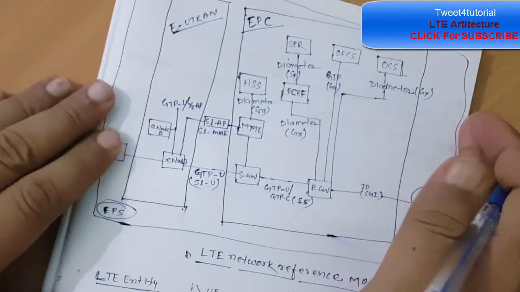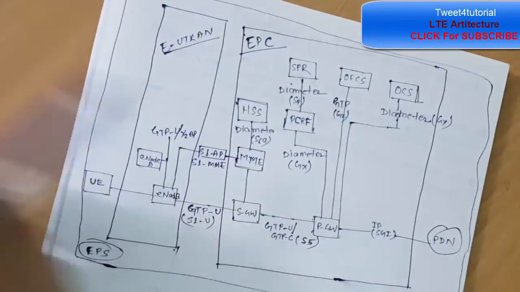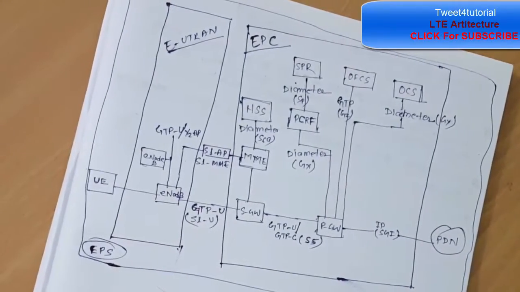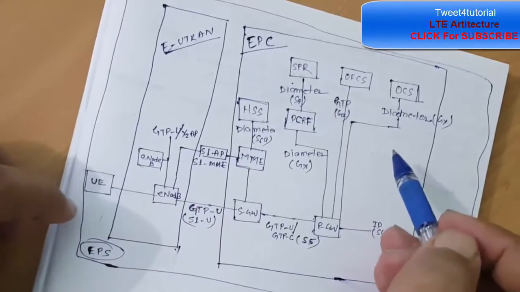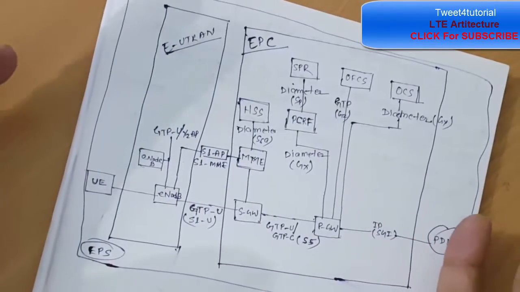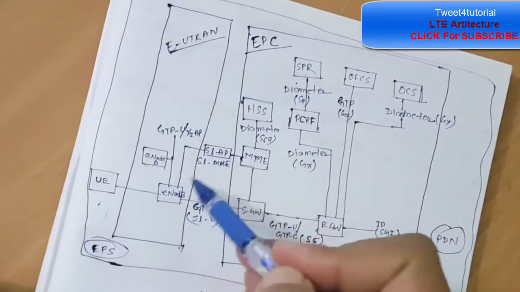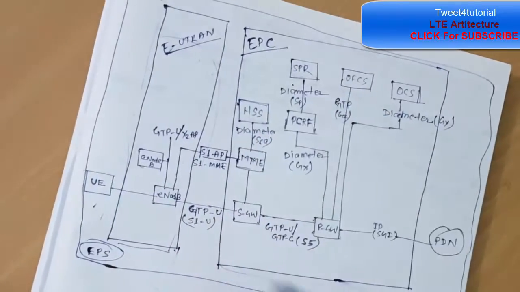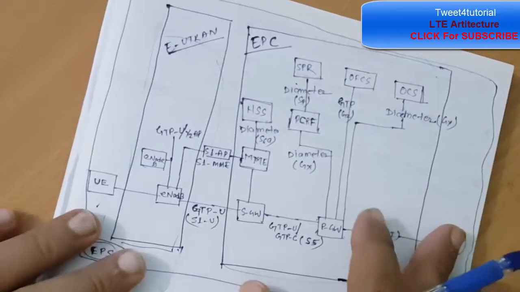This is the UE, and this whole part is called the EPS. EPS is the Evolved Packet System, and in the EPS there is the UE, E-UTRAN, and EPC. We have already discussed the functionality of the UE, E-UTRAN and EPC.